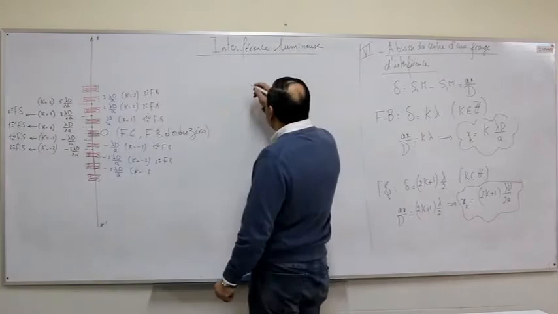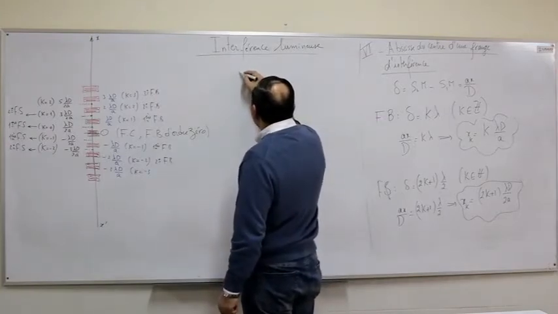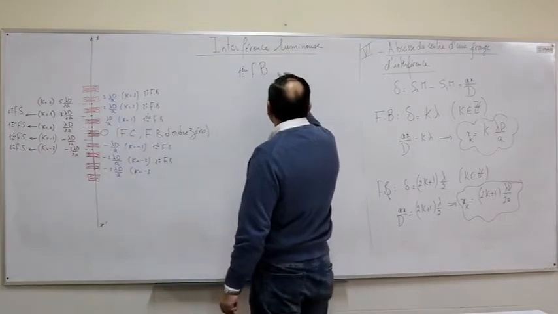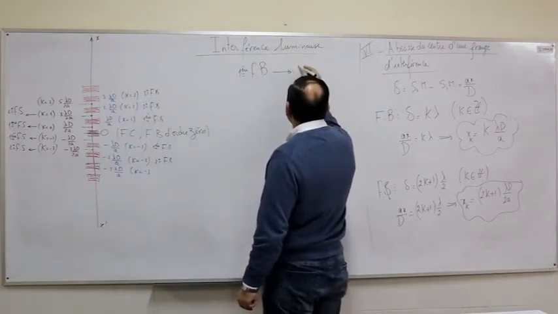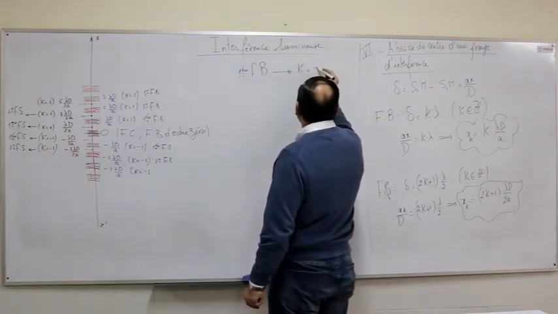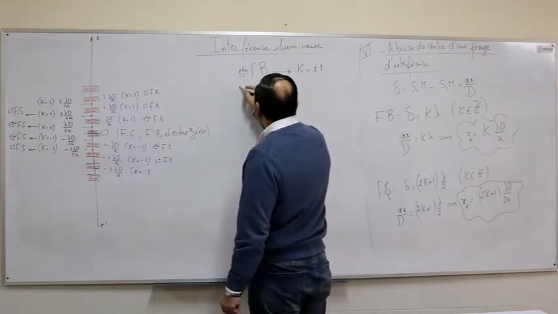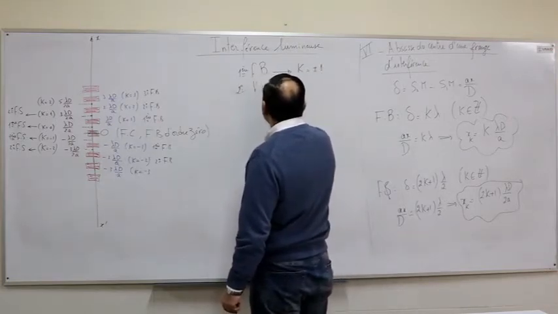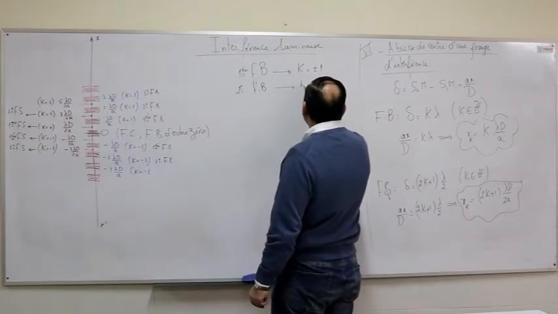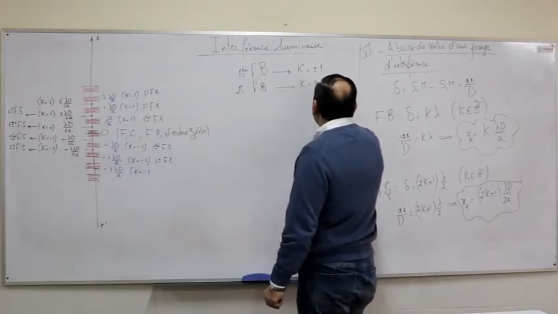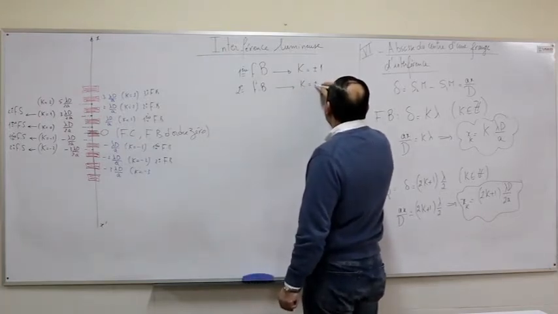Let's summarize so far. The first bright fringe is the bright fringe of order k equals plus or minus 1. The second bright fringe corresponds to k equals plus or minus 2, and so on.